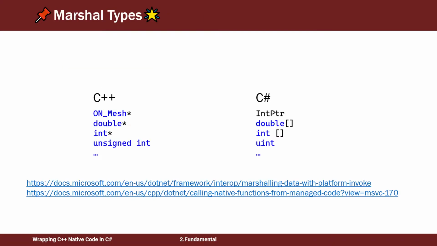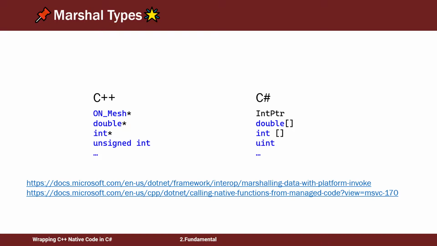Okay, for the last piece of fundamental knowledge, I want to mention marshalling types in C#. This is the key and core of this tutorial because it helps us convert specific types between C# and C++. Here I list a few examples, like a pointer from C++ to C# is int pointer.